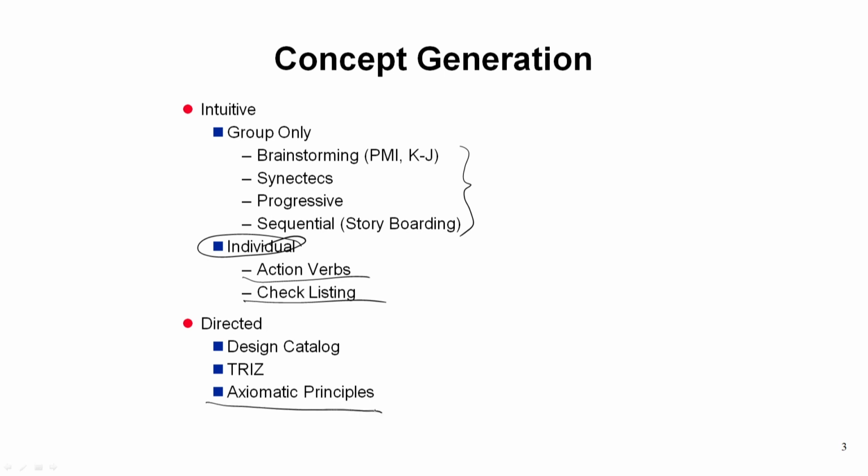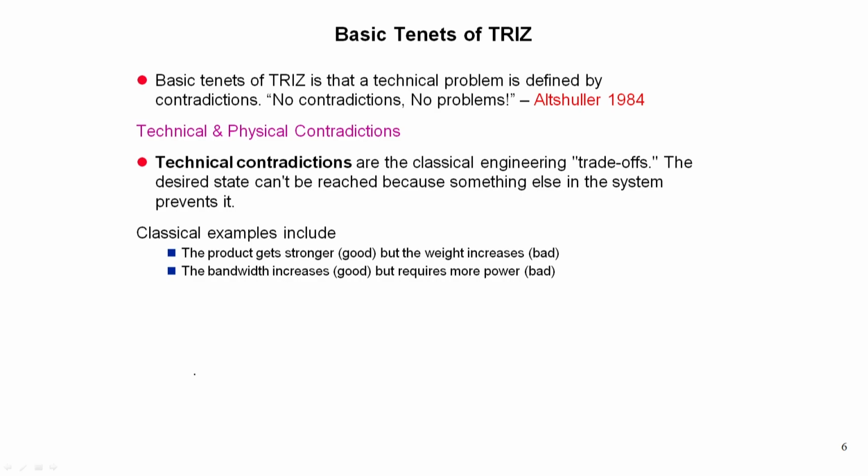One of them I have talked about, axiomatic principle. Design catalog is important when some products are already available, and the next one I am going to see, which you can utilize both for concept generation as well as for concept selection, is the theory of inventive problem solving. So, let us look into it.